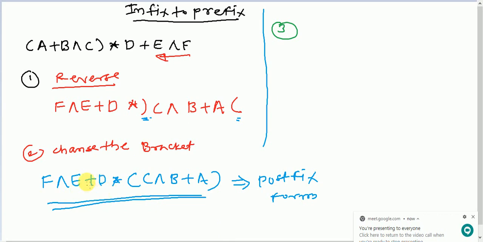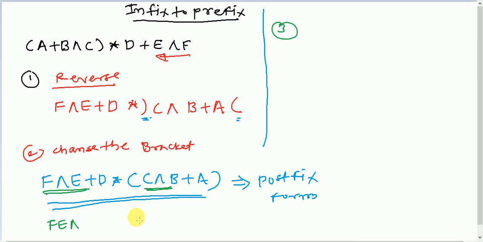Now if you look at this expression carefully, first of all, f raised to e will get executed. So for this we are writing here f e raised to. Then b c raised to will get executed, so we'll be writing here c b raised to, and this whole thing is getting added with a because this is in bracket.